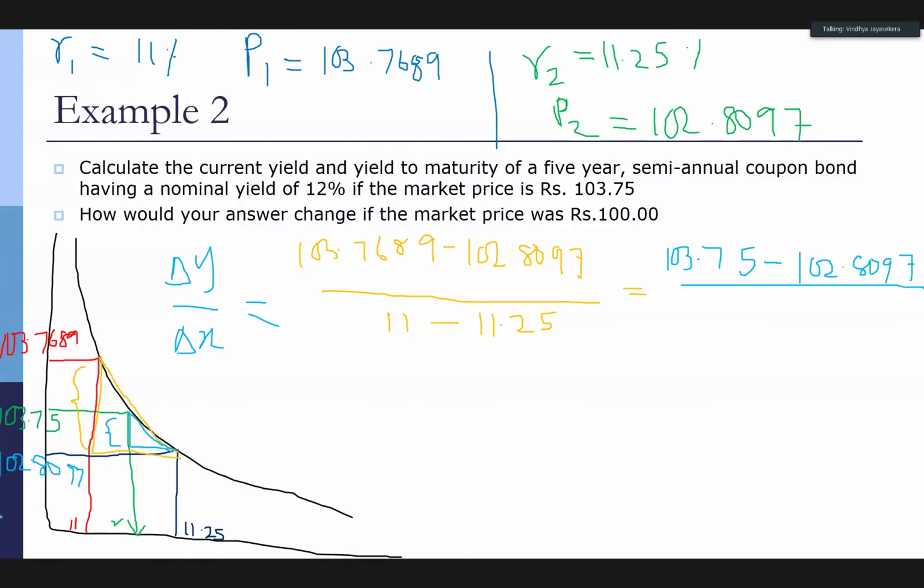So 103.75 is represented by R, 102 is represented by 11.25.